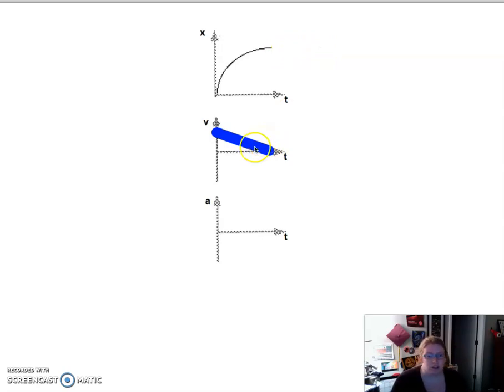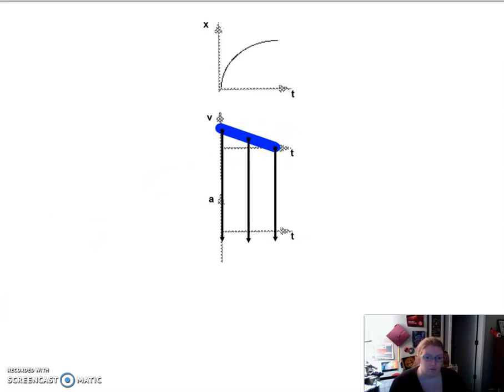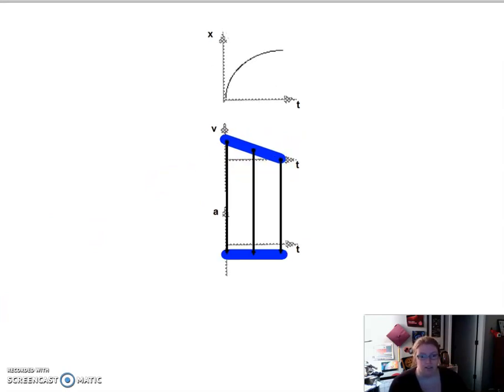And then we're going to use that same process to go from our velocity time graph to our acceleration time graph, because we know that the slope of this velocity time graph, that is the acceleration time graph. The slope here is negative. So I'm going to translate that down to a negative acceleration.